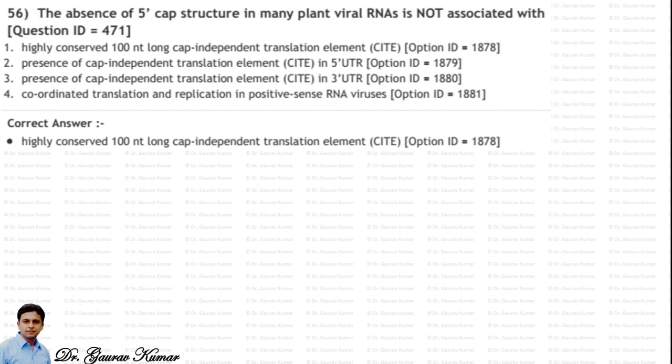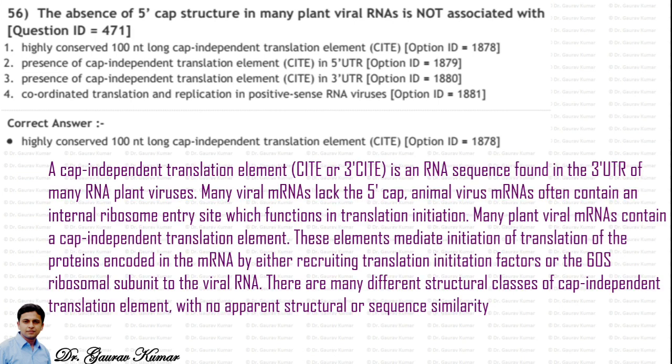Next question: the absence of a 5' cap structure in many plant viral RNAs is not associated with. This question is actually asking about CITE, a cap-independent translation element. A CITE, or 3' CITE, is an RNA sequence found in the 3' UTR of many plant RNA viruses.